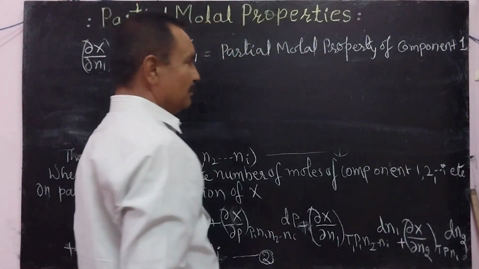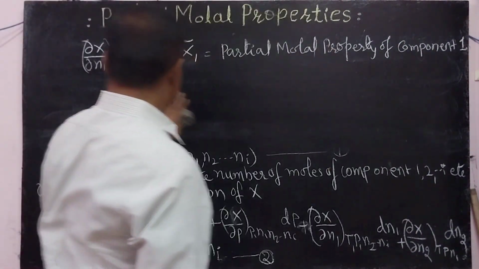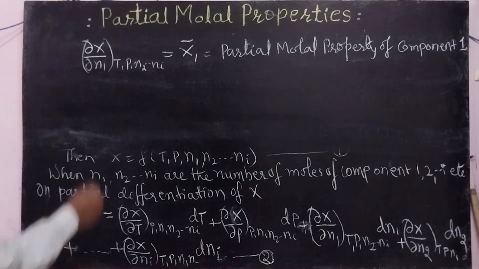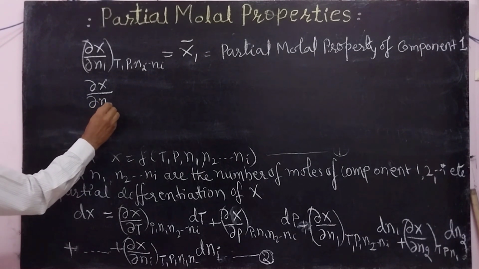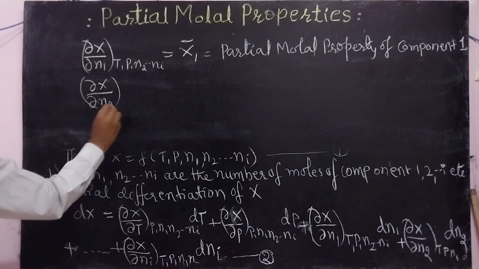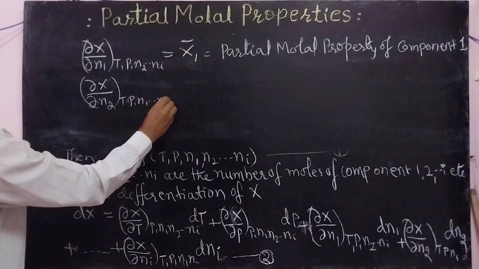Similarly we can write dou X divided by dou N2 at constant temperature, pressure, N1 up to Ni.